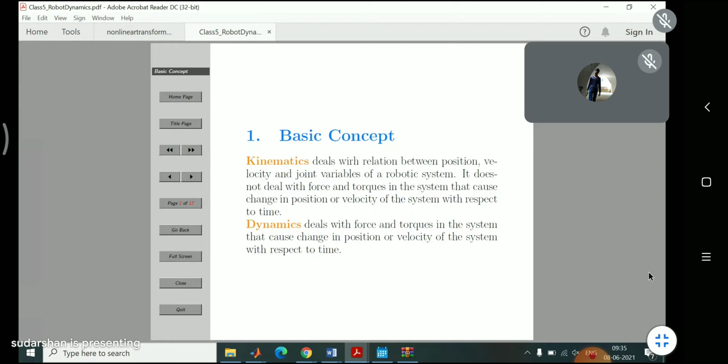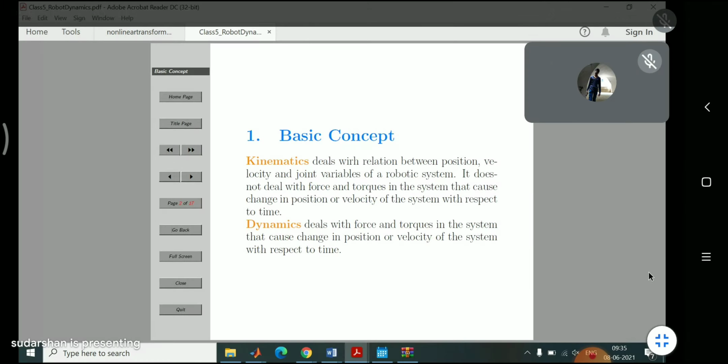As we have discussed, kinematics deals with the relation between position, velocity, and joint variables of the robotic system, right? If it's a revolute joint, theta of t is the joint variable. If it's a prismatic joint, the displacement is the joint variable. And so what is its position, what is its velocity?